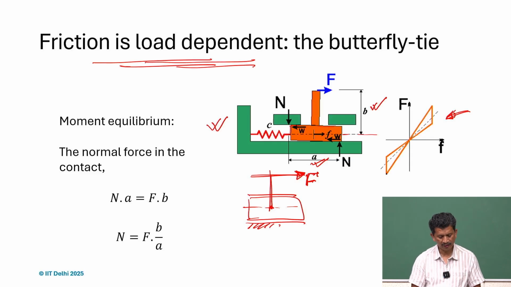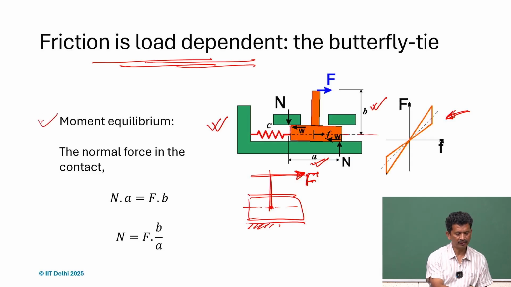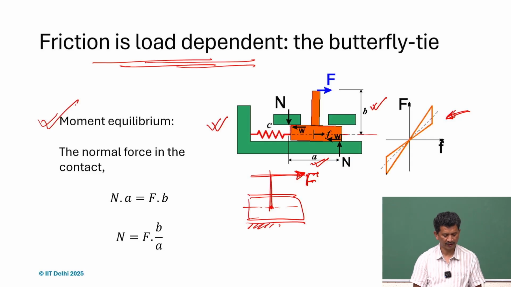And why is that? Because if we do the moment equilibrium, as we start applying the force, the block gets tilted and these two edges come in contact. There will be a normal force acting at the two corners, and an associated friction force.